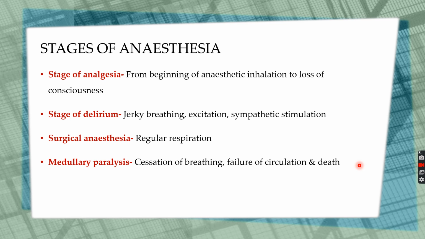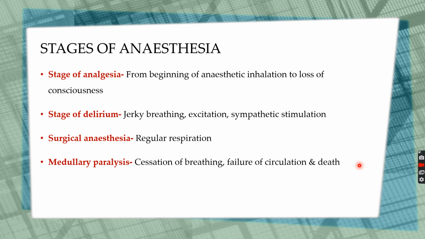Another thing that we have to remember is these stages of anesthesia are clearly delineated, or clearly spaced, in the case of ether used as a general anesthetic. So with ether, we can clearly see these four stages of anesthesia. However, in modern anesthesia, with most of the drugs, there is no clear limit between the stages.